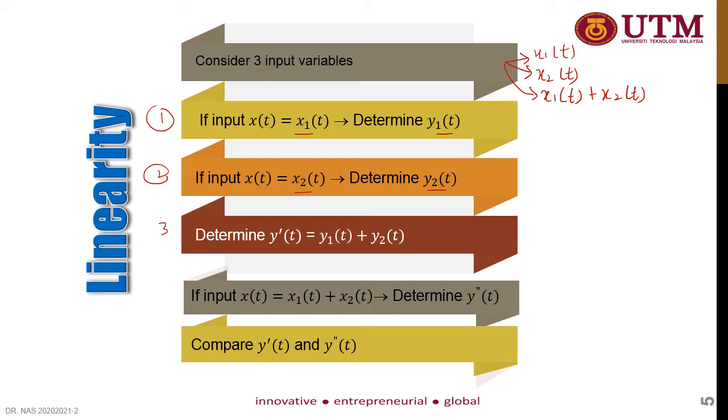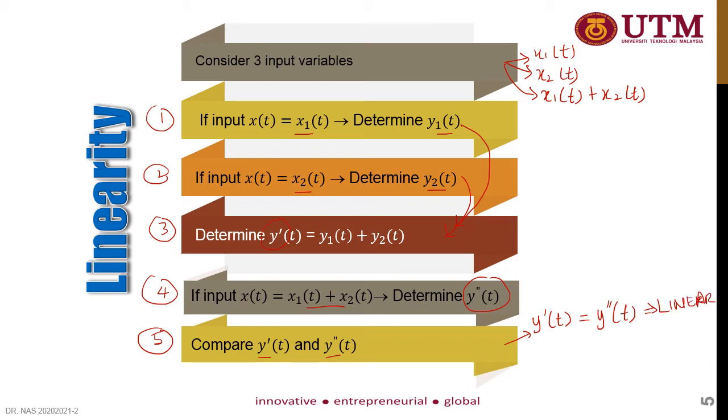And the third step, you need to determine y'(t), which is the sum of y1(t) and y2(t). Next step, you need to determine y''(t) if the input now is x1(t) plus x2(t). And the last step, you need to compare both y'(t) and y''(t). If y'(t) equals y''(t), the system is linear.